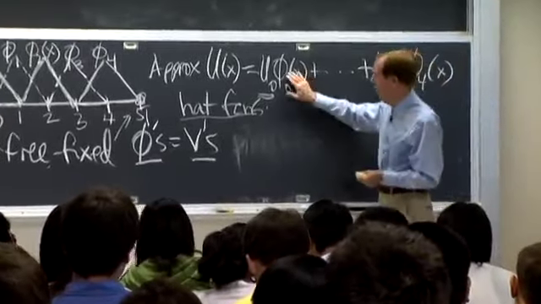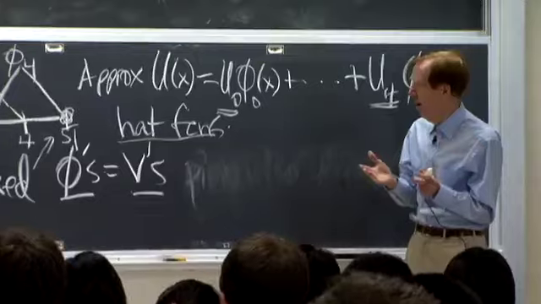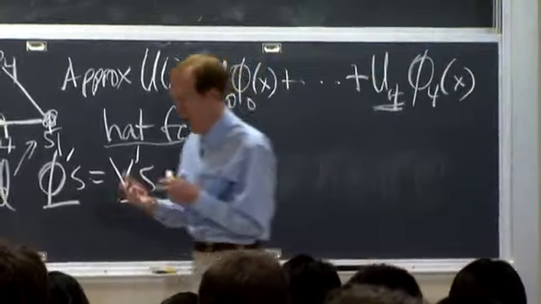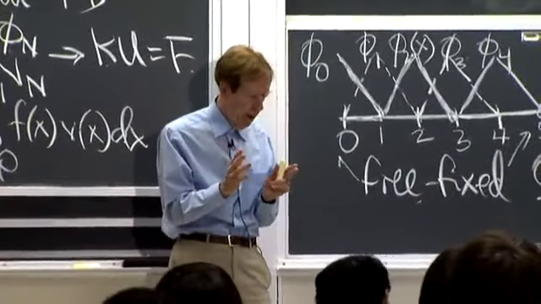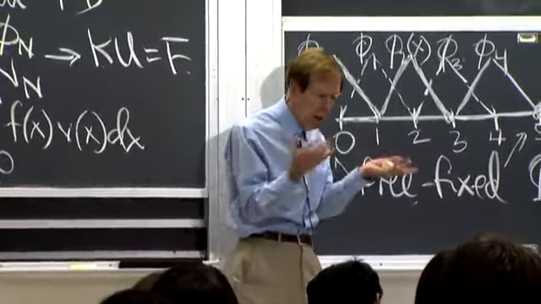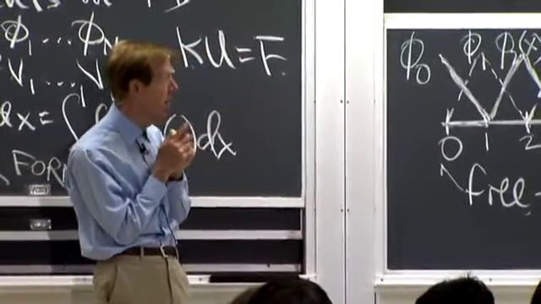You could call these phis trial functions, basis functions. You're always choosing in applied math a bunch of functions whose combinations are what you're going to work with. And here I'm making them hat functions.